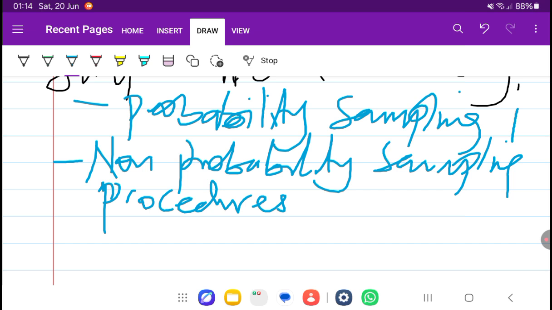So what we need to understand before we go into a deeper analysis of the probabilistic and then the non-probabilistic sampling procedures is why we really need samples.